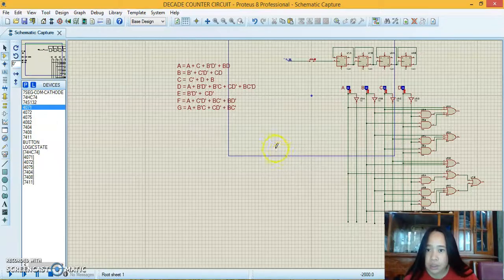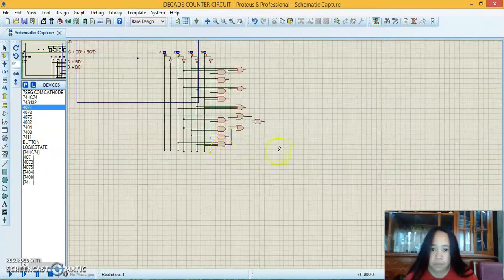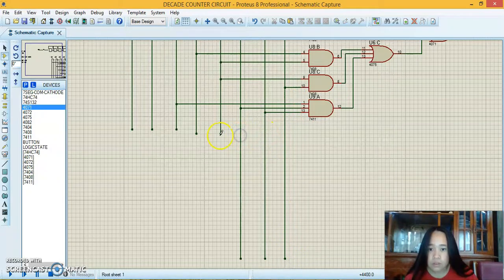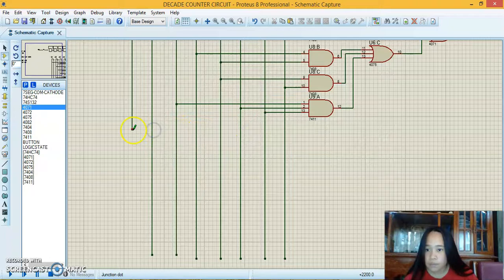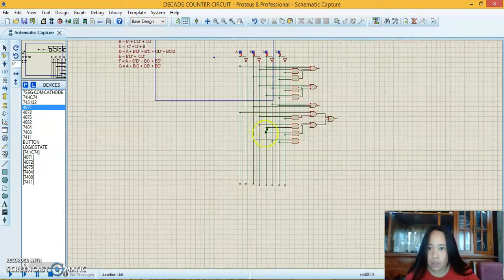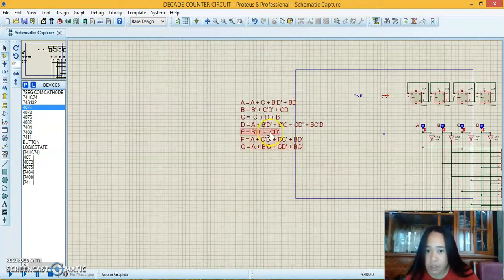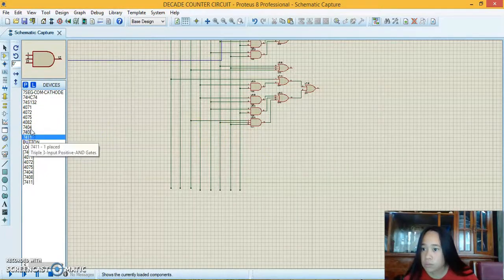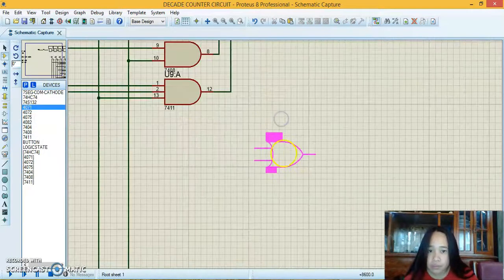Let us proceed to equation for E. Let us extend the wire again. We need a two input OR gate. Where is the two input OR gate?